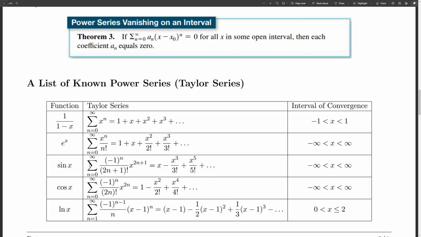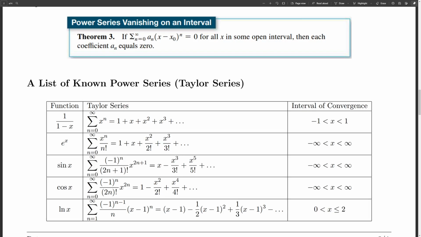Sine of x has a power series from n equals 0 to infinity of -1 to the power n over 2n plus 1 factorial times x to the power 2n plus 1. So what you can see when you look at the power series of sine, that it has odd powers of x only.